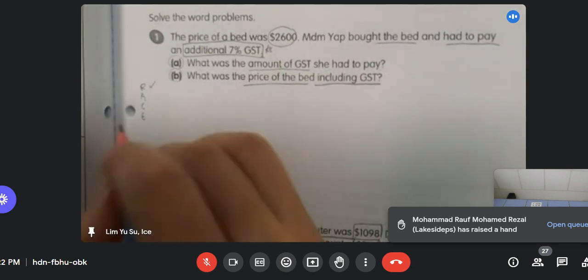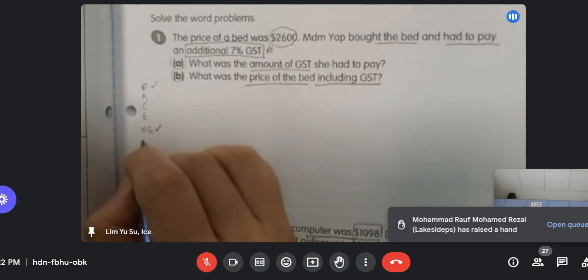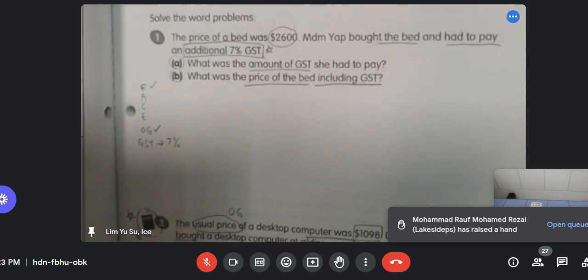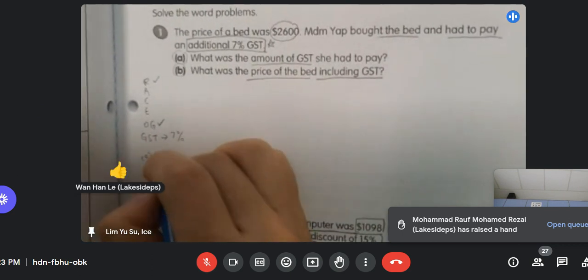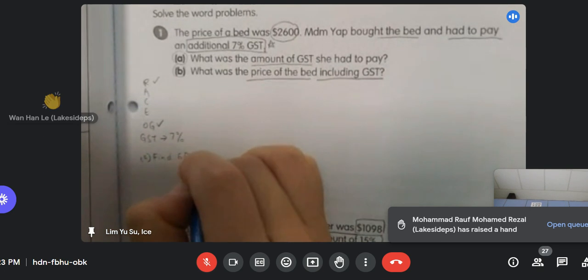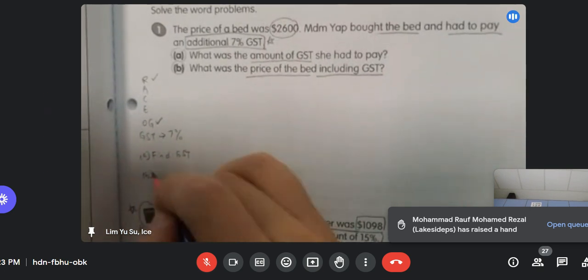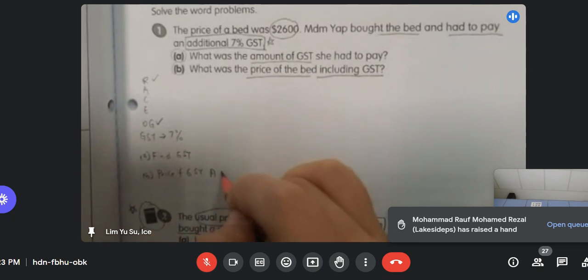So you have the original price, you have the GST rate, this is 7%. A, find GST. This is likely to be 1 mark or 2 marks. B, find price plus GST. This is paid after.